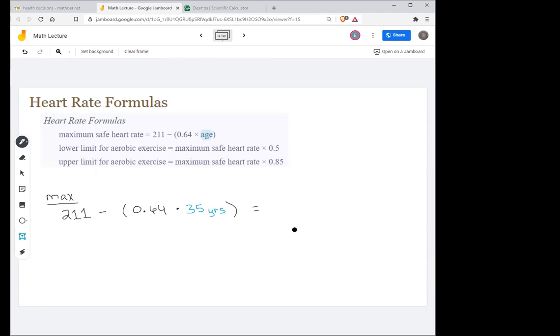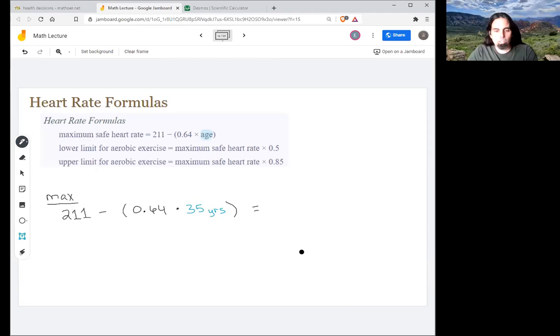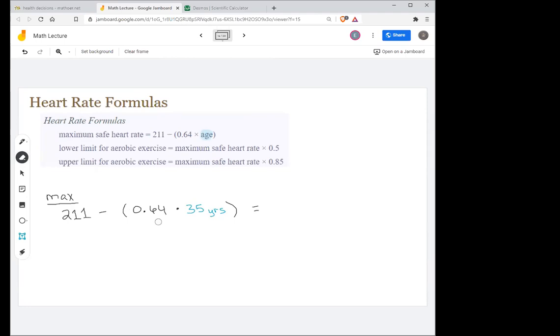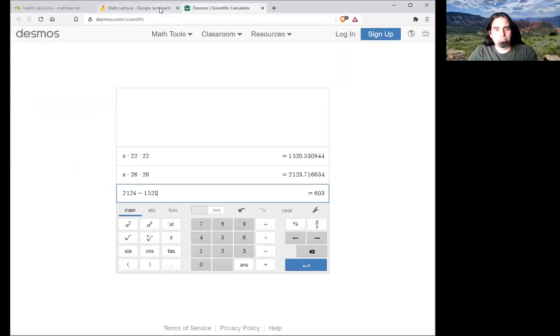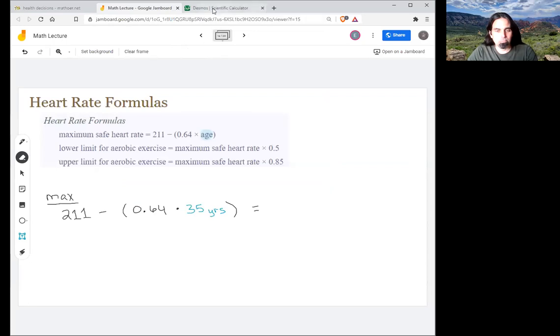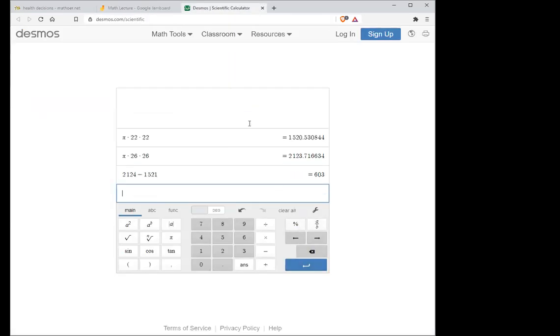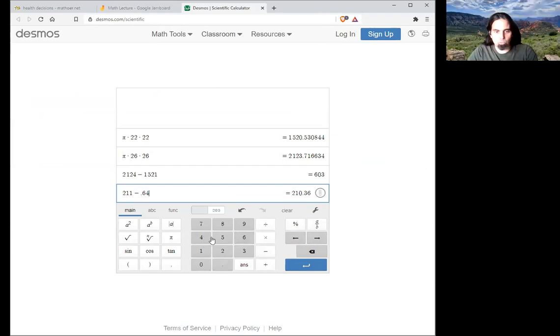Well, you sent me a picture of your work, so I know you've done this correctly. So you would do 0.64. Yes, so 211 minus 0.64 times 35.